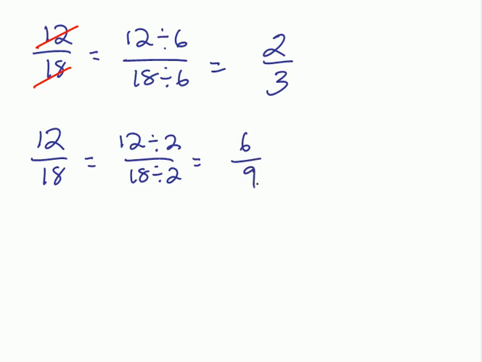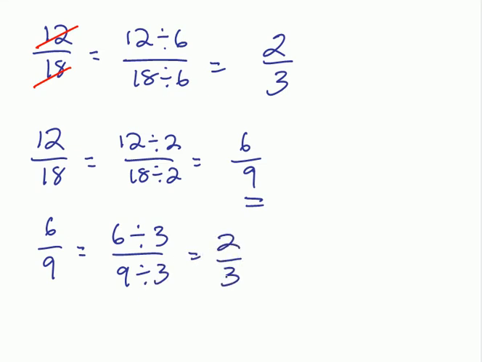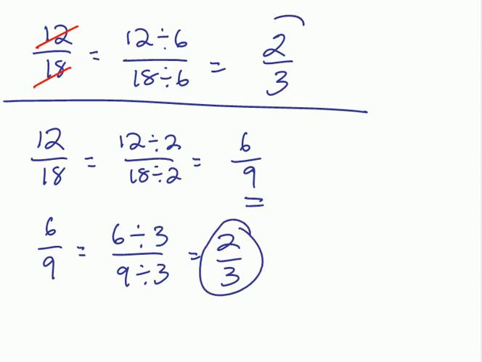Then you ask, when we get 6/9, can we take both of those numbers and divide by the same thing? 3 goes into both, so 6 divided by 3, 9 divided by 3, and we would get 2/3. So in this second way we ended up with 2/3, which is what we ended up with in the first one, but it just took us a little bit longer. There's no harm done in taking a little bit longer to get there.